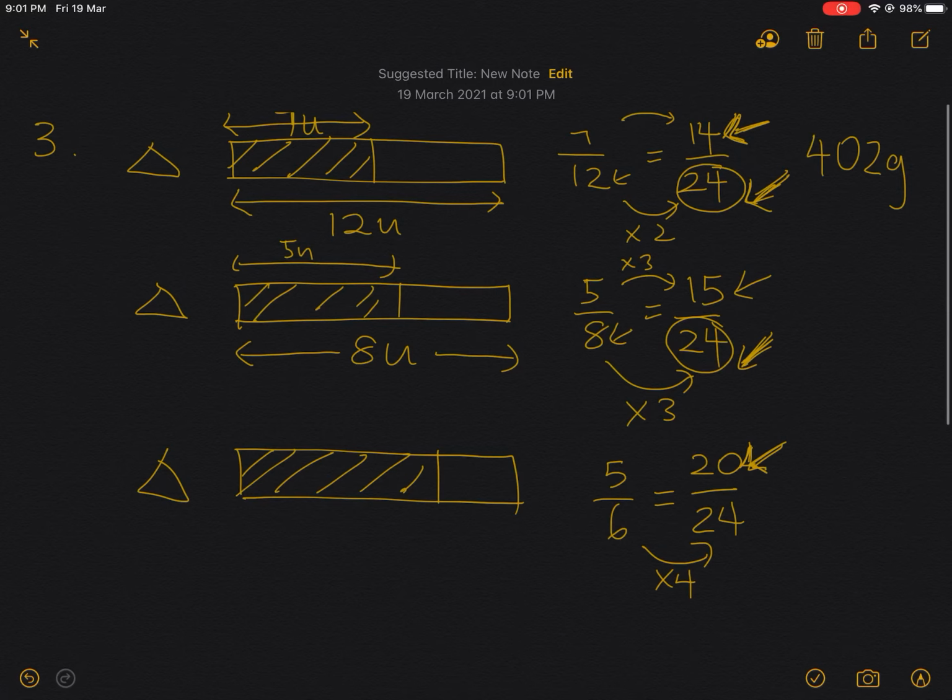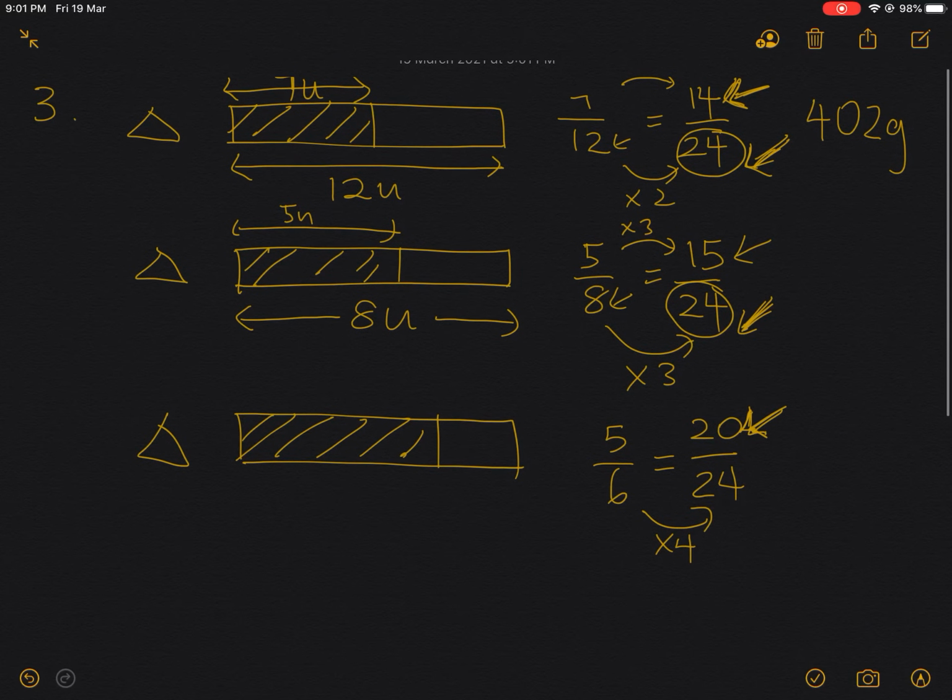So how to find the value of the units? Okay, here goes. We compare the first one and the second one. The mass of the first scenario is 402 grams. The mass of the second scenario is 420 grams. Can we subtract these two masses? Yes. And when we subtract these two masses, what do we find?